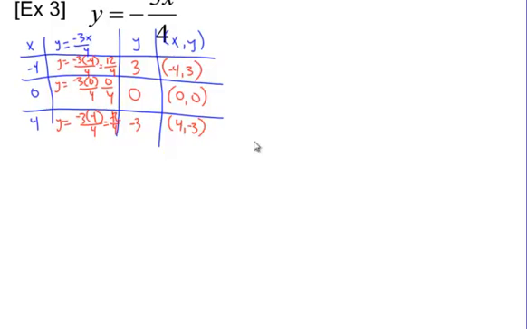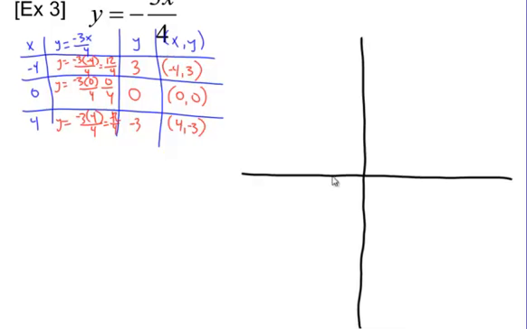See if it's linear. So I need to go down to 4 on the x's. 1, 2, 3, 4. And then to the 3's on the y's. All right.